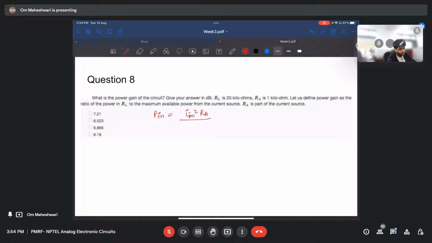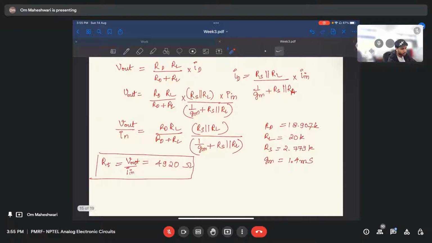Again, the factor of 4 is due to the maximum power transfer theorem. And P out will be V out square by RL. Again, we can write V out by I in as RT, and RT is what we just calculated here.